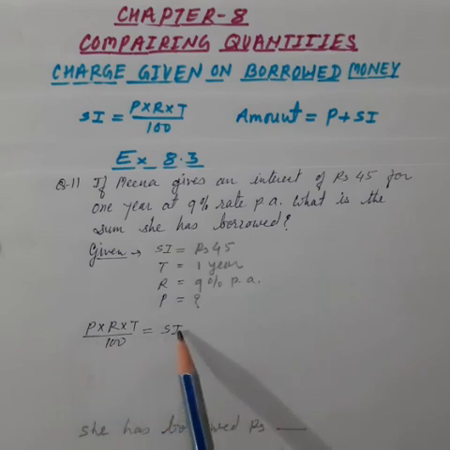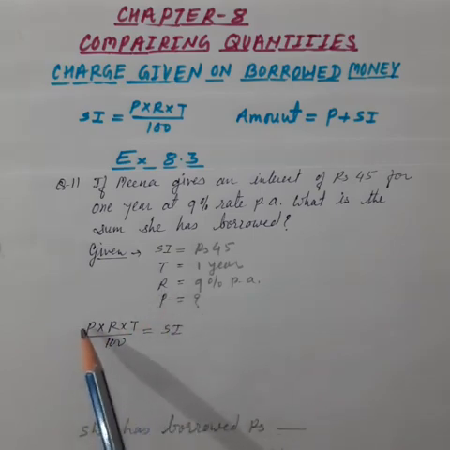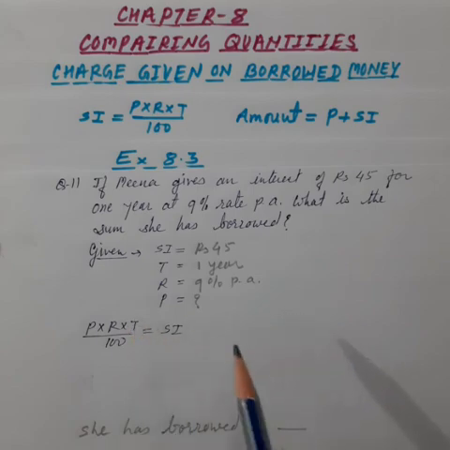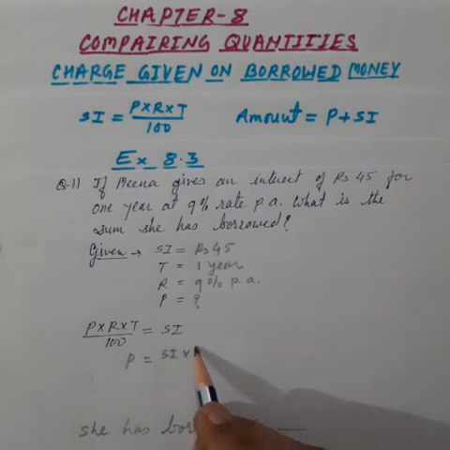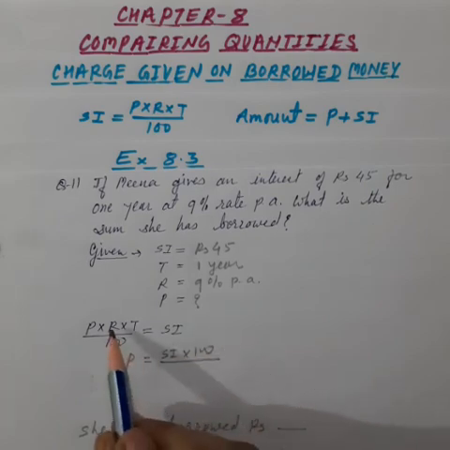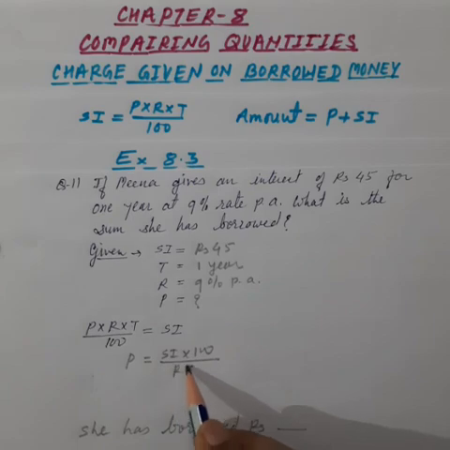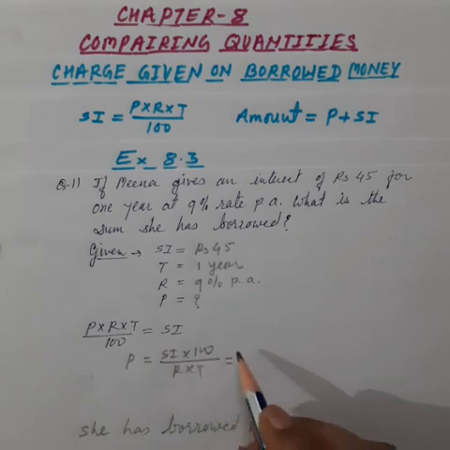So write the formula like this, because the unknown is P. We want the unknown on the left hand side, and take the known part to the right hand side. Now keep P on the left hand side. Simple interest into 100 will come in the numerator and this R into T will come in the denominator. Now put the values.